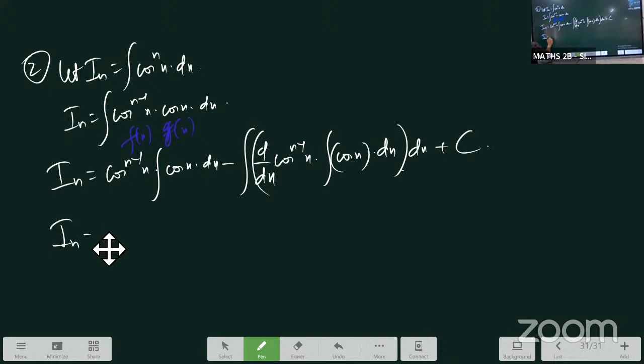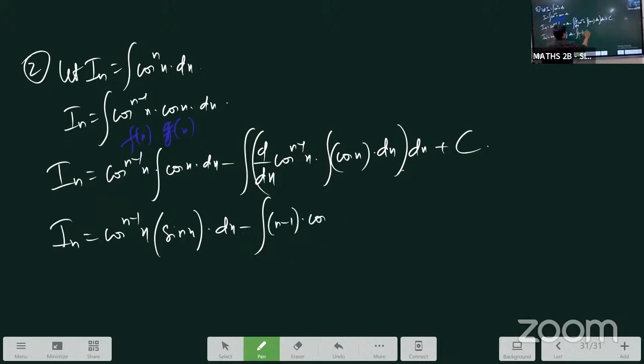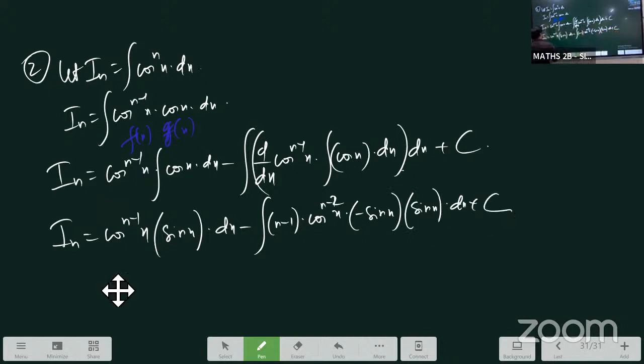So I n is equal to cos to the power n minus 1 x, integration of cos x is sin x, dx. Now d by dx of cos power n minus 1 is n minus 1 cos power n minus 2 x. Now cos x derivative is minus sin x. Integration of cos x is sin x dx. Is it clear? That is nothing but cos to the power n minus 1 x sin x.